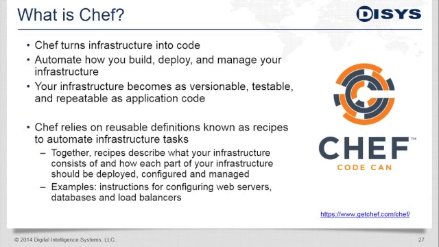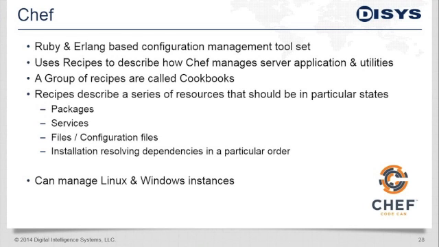So Chef also turns infrastructure into code just like CloudFormation, except that CloudFormation operates at the AWS level and Chef can operate inside an instance. Chef by itself is created using Ruby and Erlang based configuration, and uses terminologies of both IT as well as cookery, chef based things.